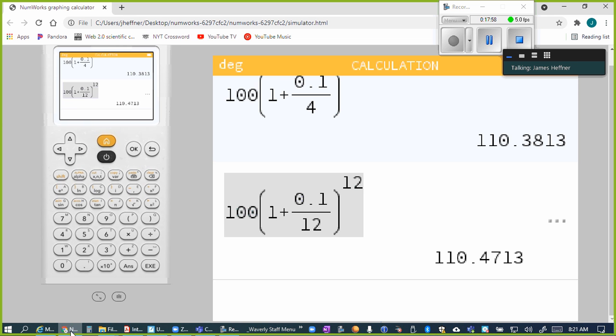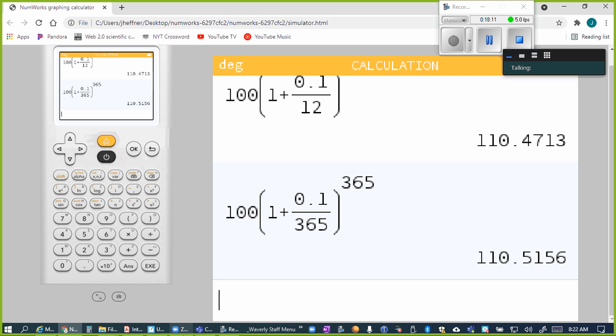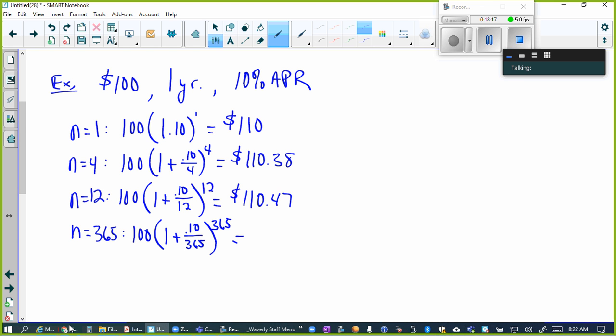So bring that down. We'll change these to 365. Same formula. A little bit more, 110.52. So we end up with $110.52.